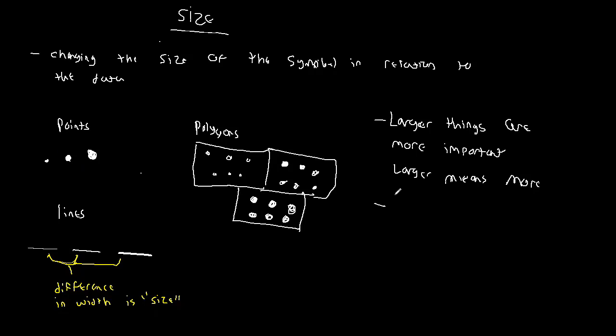Meaning, size is not useful for nominal data. Right? It is somewhat useful for ordinal, and it's definitely useful. In fact, one whole symbology type or map type we're going to talk about is graduated symbols, which literally deal with using size as the visual variable. So we're going to come back to this idea with graduated symbols.